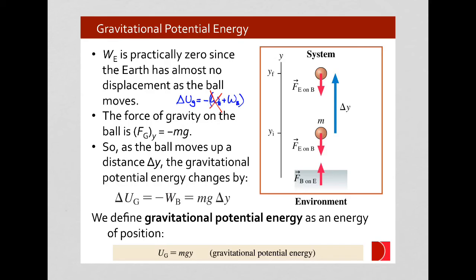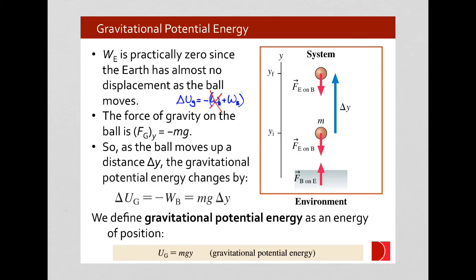In this case, if we want to know the change in potential energy, then the change in potential energy is the work done by gravity on the ball. The ball would feel a downward force of gravity, and we're assuming that the ball is going up by an amount delta y.